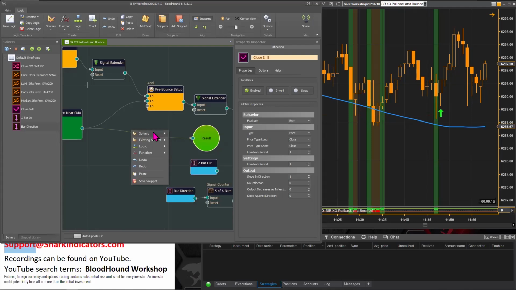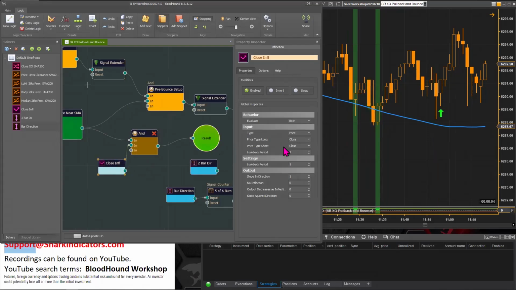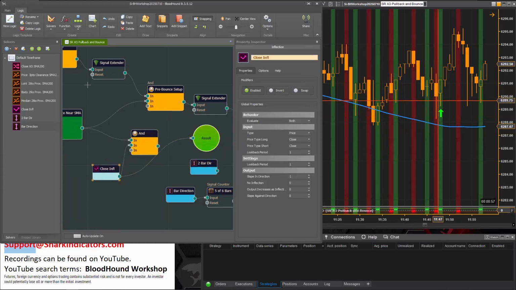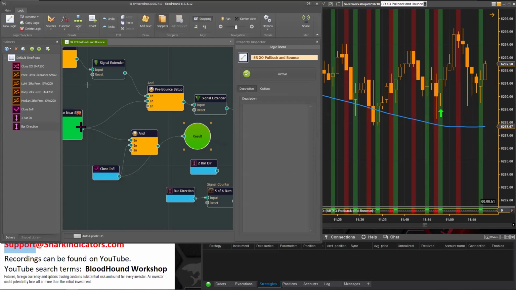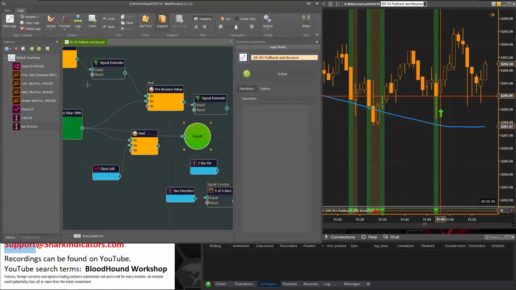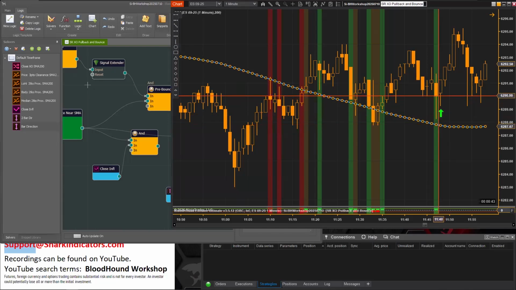So again, just to cover this kind of situation again here. If I connect in our price inflection, we get no signal there, because the price reversal is on this bar, whereas price being close enough to our SMA, we have an output on that bar, and we need to get those 2 outputs on the same bar.